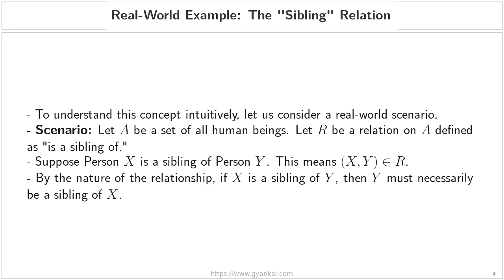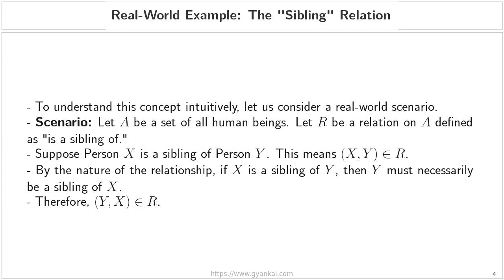Now, think about the nature of this relationship. If person X is a sibling of person Y, then by necessity, person Y must also be a sibling of person X. It is a relationship that cannot exist in only one direction.